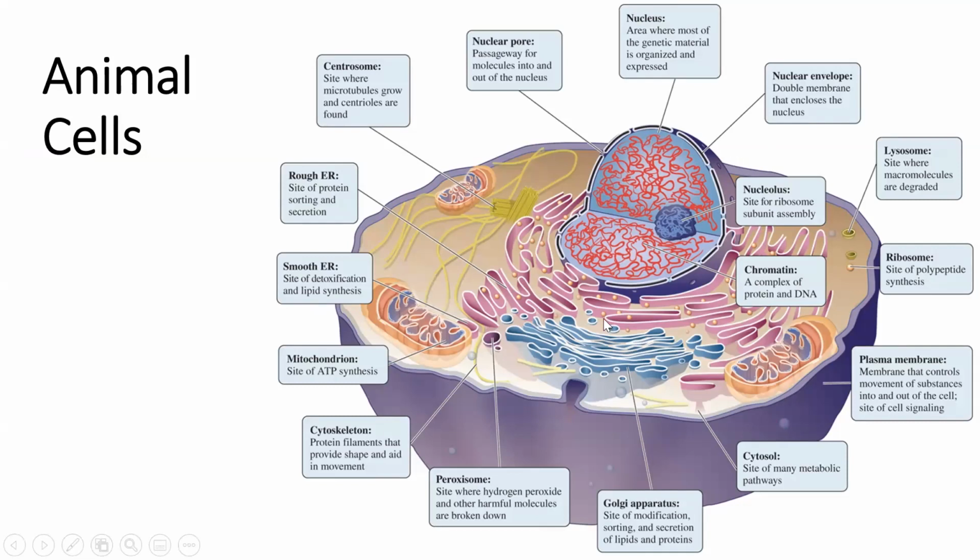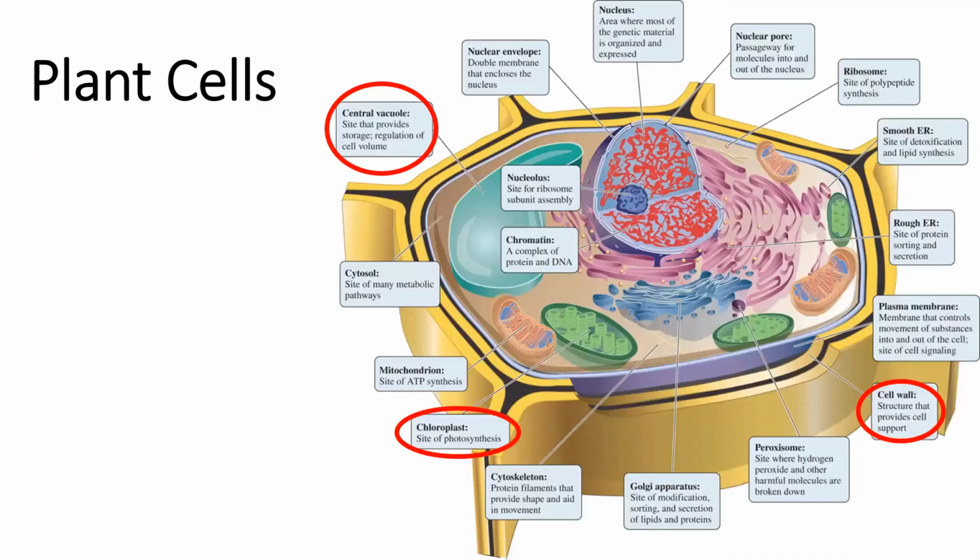You have membrane-bound rough endoplasmic reticulum, membrane-bound smooth endoplasmic reticulum, membrane-bound Golgi complex, membrane-bound mitochondria. So all of these structures you're going to see are responsible for different functions in the cell.